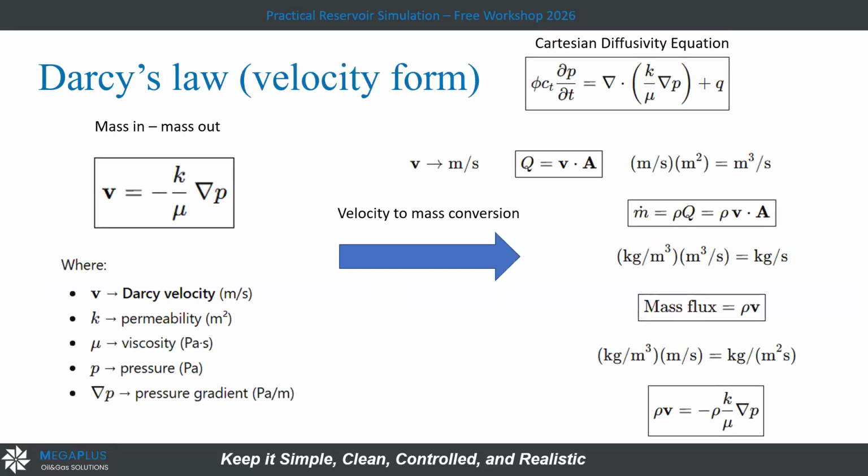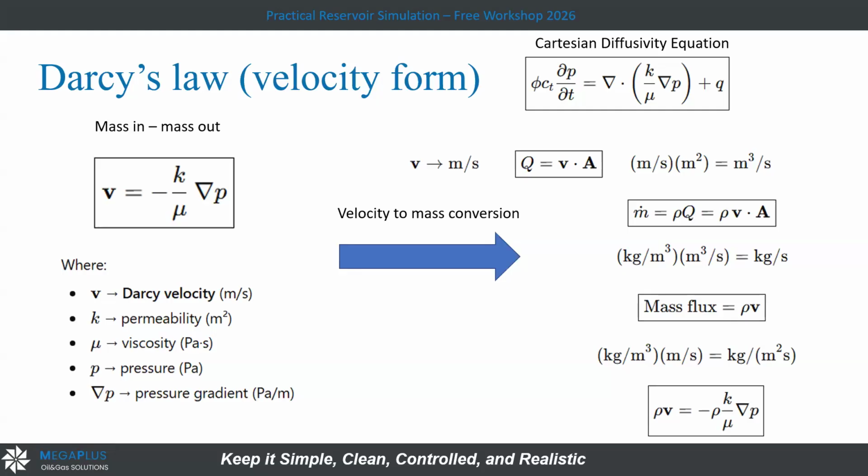Before we go to the diffusivity equation, we now agree that I depend on two things for the diffusivity equation. The first thing is the mass balance, which is totally different from the material balance. The second thing is Darcy's law, to have a Cartesian diffusivity equation, which is a partial differential equation.